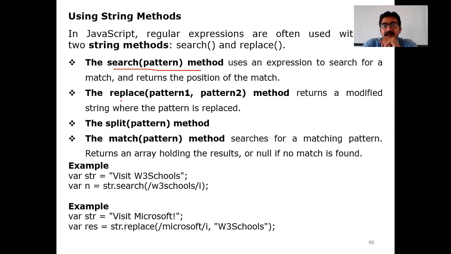Another is the replacement of one pattern with another pattern. So this is a source pattern, this is a destination pattern, and we can replace it. We can also split the pattern, and we can use methods for matching a particular pattern.